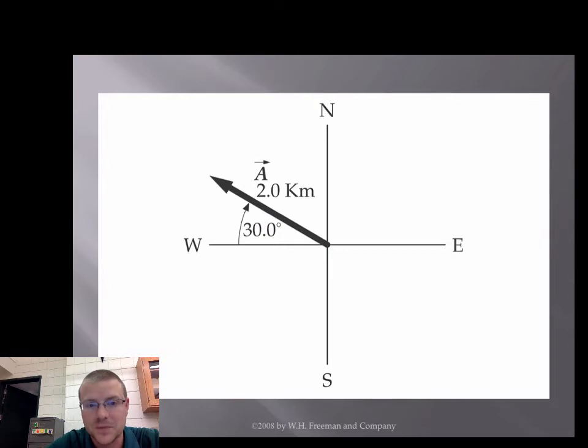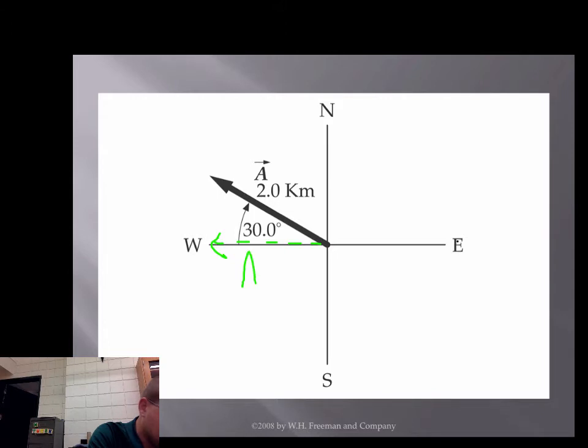So just be careful. In this one, they've got a vector that is 2 kilometers long with a 30-degree angle. We want to split that into its two components. I align it and draw it right on my x-axis. That would be my A sub x, indicating that's my x component. And I have a vertical piece here.